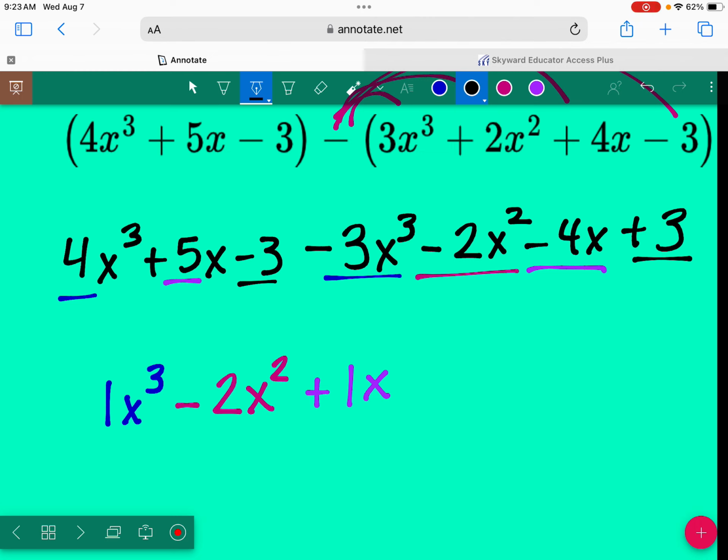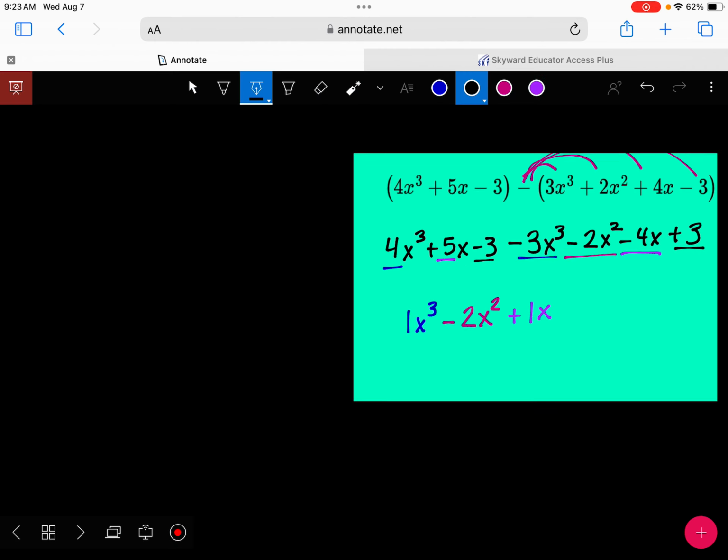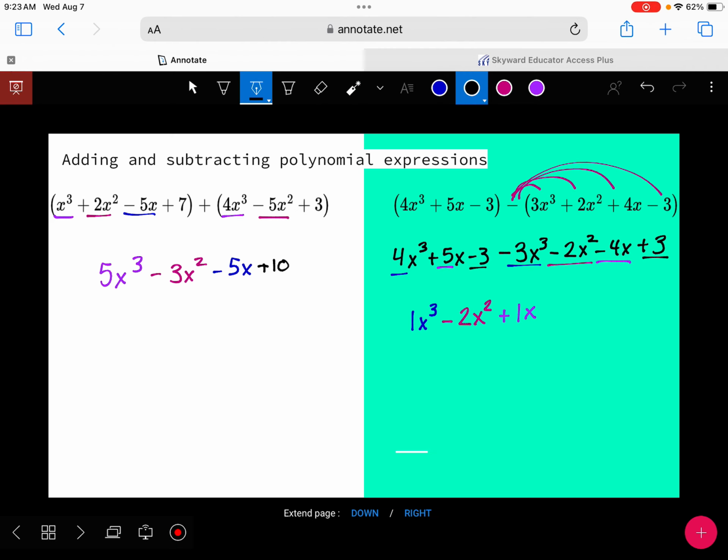For the most part, it's okay if we switch them around because it doesn't matter what order we add or subtract things in. But especially when we start getting into factoring and things like that, having it in standard form, the biggest to smallest exponent order, is going to make your lives easier. I'm not petty about it, but it does make your lives easier when we get into harder things. And you guys all did that on instinct, so I was just pointing out what we did on purpose.